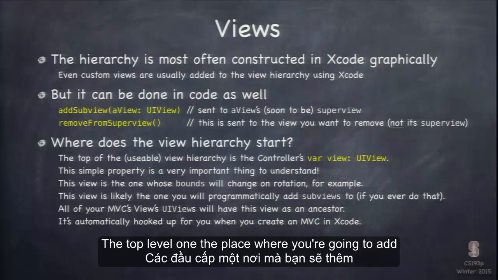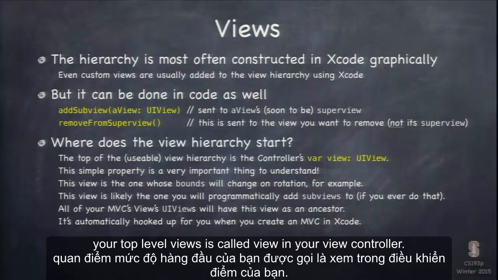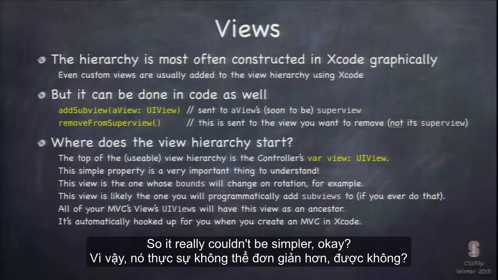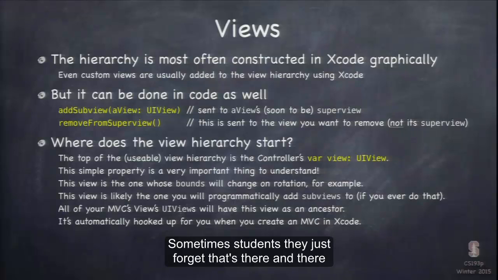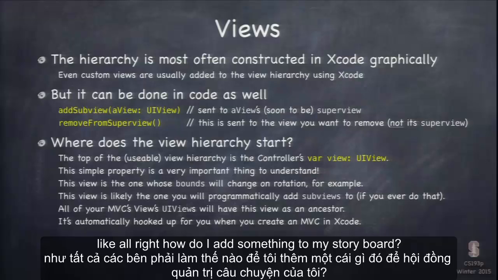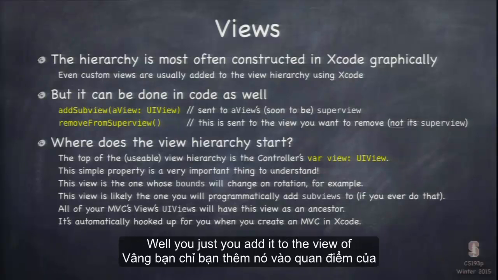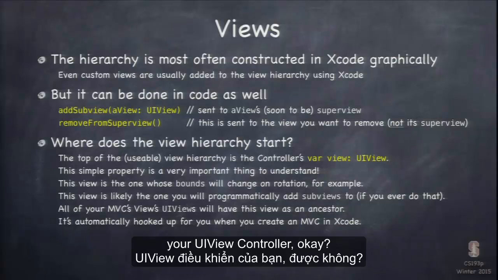The top level one, the place where you're going to add your top level views, is called view in your view controller. It's just a property in your view controller. So it really couldn't be simpler. But sometimes students forget that that's there, and they ask, how do I add something to my storyboard in code or something like that? Well, you just add it to the view of your UIViewController.